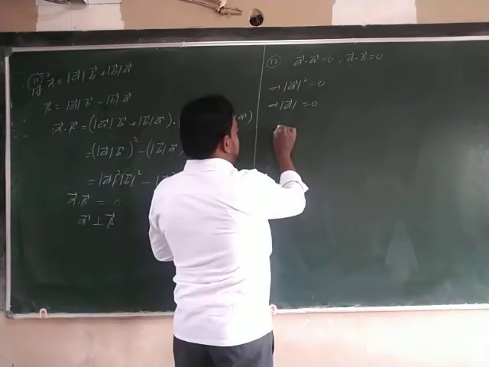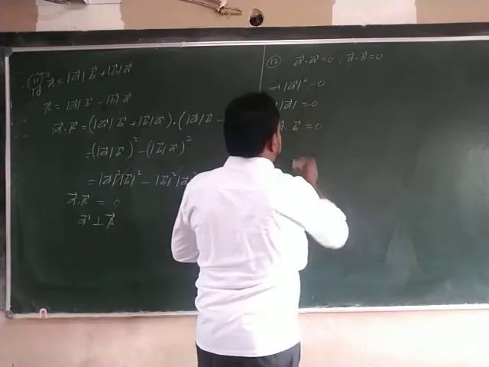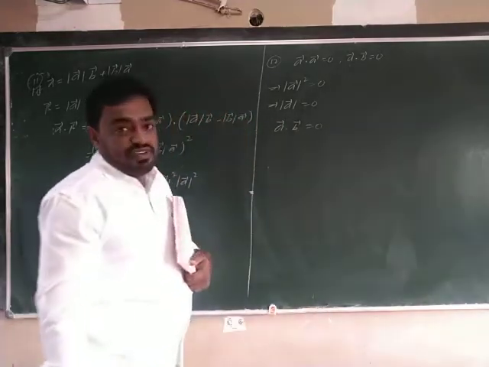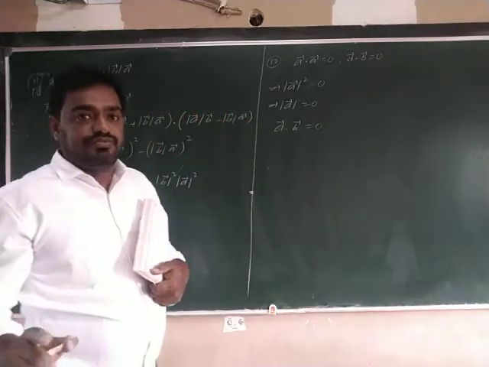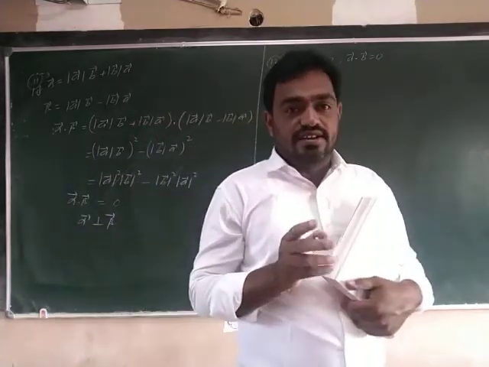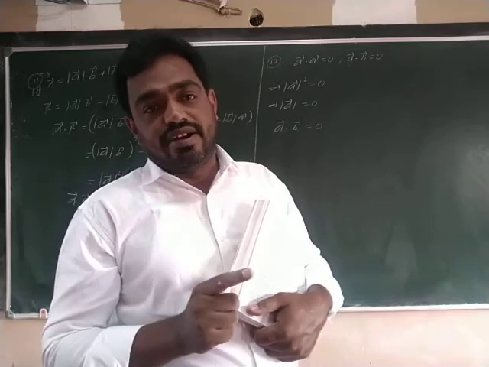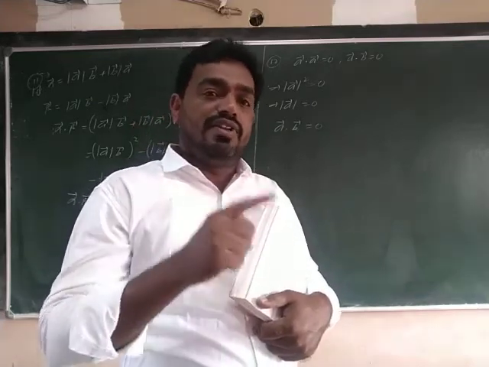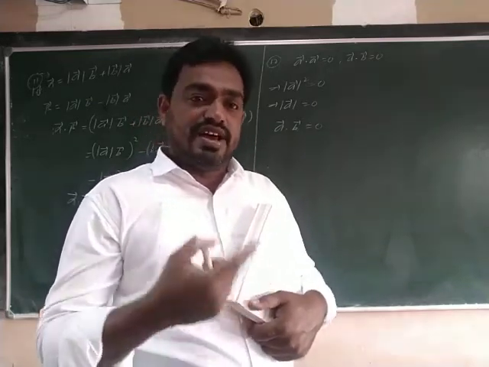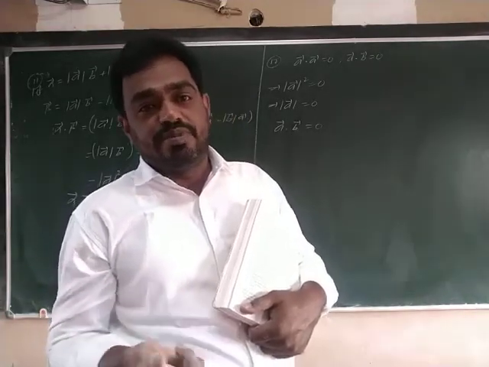Next, what is given: vector A dot B is equal to 0. When the dot product is 0, we have three cases. If A and B are perpendicular to each other, the dot product is 0. Otherwise, if vector A is 0, the dot product is 0, or if vector B is 0, the dot product is 0.